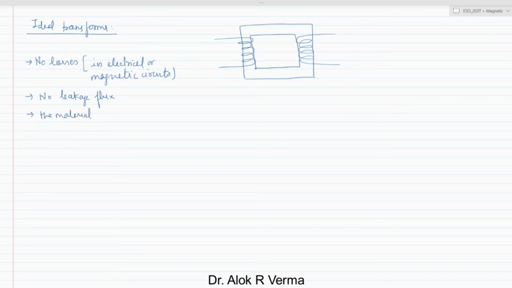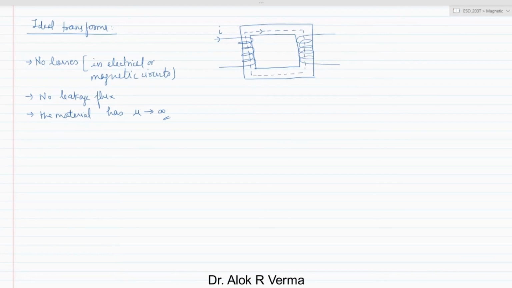It is basically an assumption that mu is tending to infinity. So the core material has permeability tending to infinity, or ideally it is infinity. This is the reference for all practical purposes. Now suppose a current I is given; that current produces a flux which moves in the core.